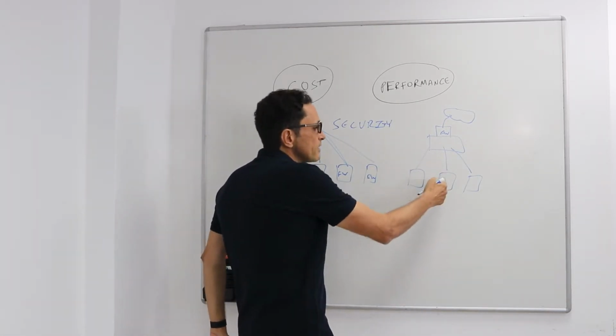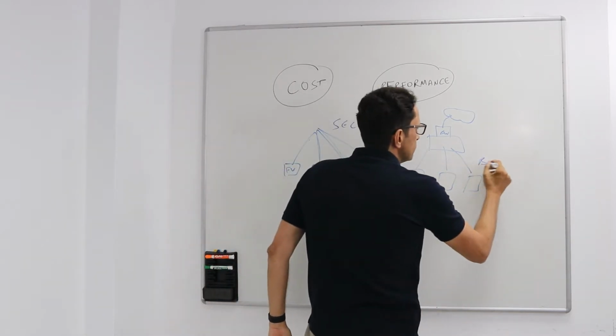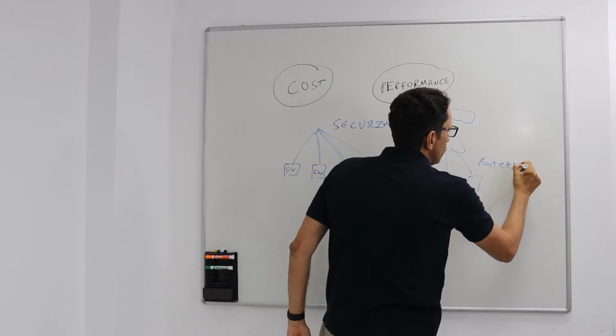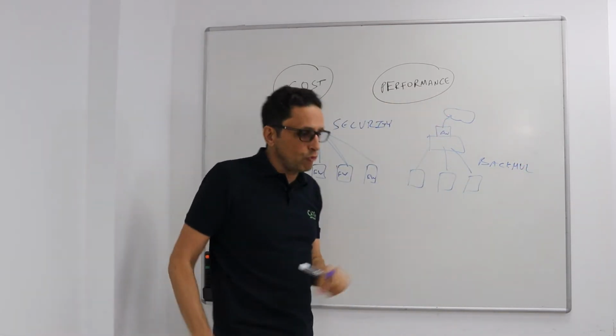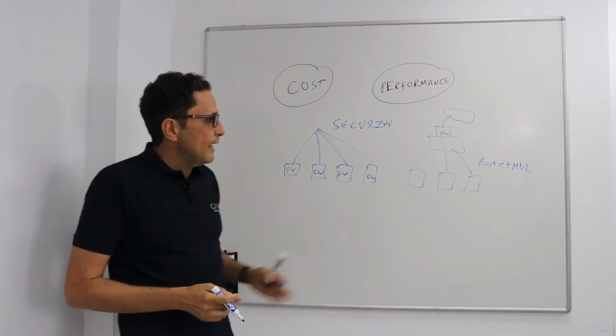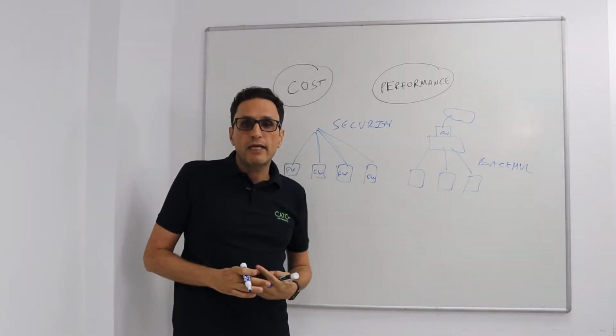If you look at the other scenario, where we are backhauling, so this is the backhaul scenario. Essentially, there is no firewall in every location, but everybody is talking to this central firewall. The truth is that this scenario will most likely happen with an MPLS-based network.